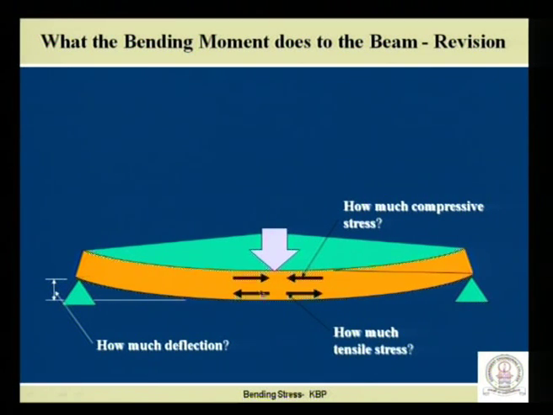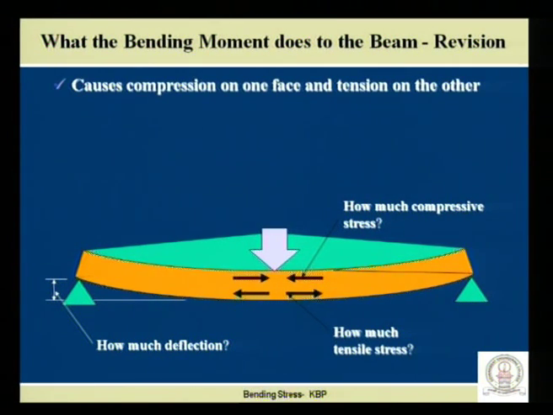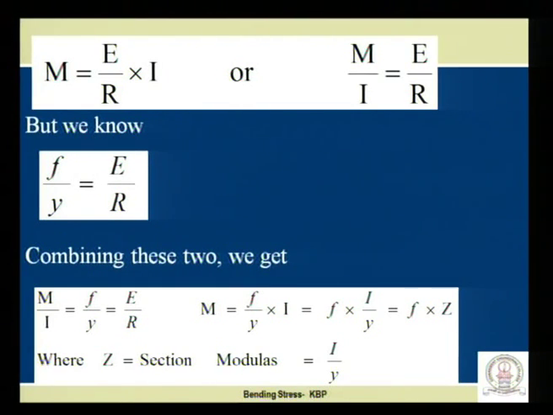Refer to the figure. Because of the external application of load, compressive stress at the top and tensile stress at the bottom section will be developed. There will be certain causes for beam deflection.